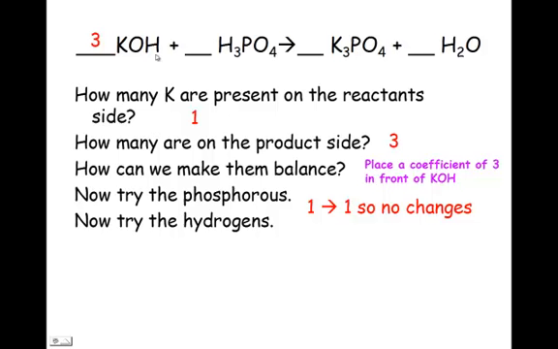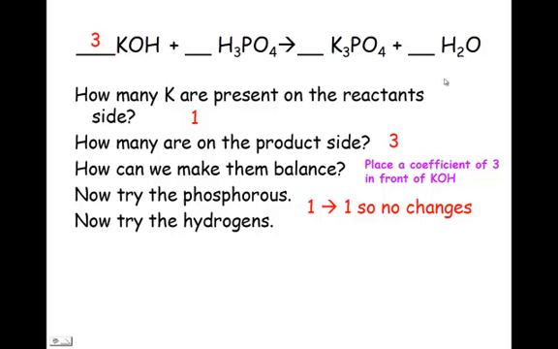Now let's try our hydrogens. As soon as I added the coefficient in front of the potassium hydroxide, I now have 3 hydrogens. And in the second compound, I have 3 hydrogens in my phosphoric acid. So I have 3 from my potassium hydroxide plus 3 more from my phosphoric acid, a total of 6. Then on my product side, I have no hydrogens in that compound, but I have 2 hydrogens in my water.